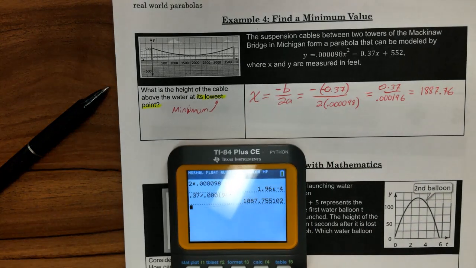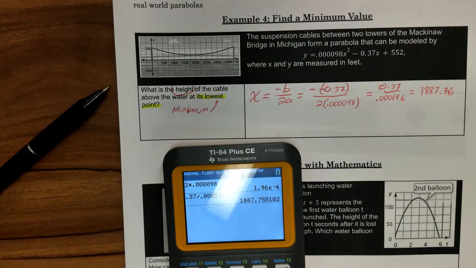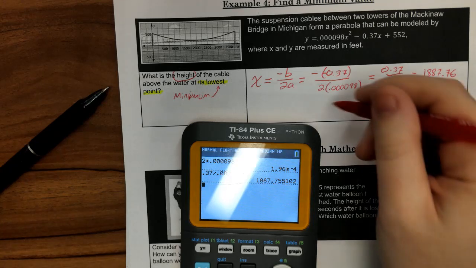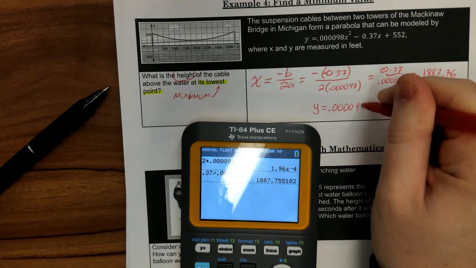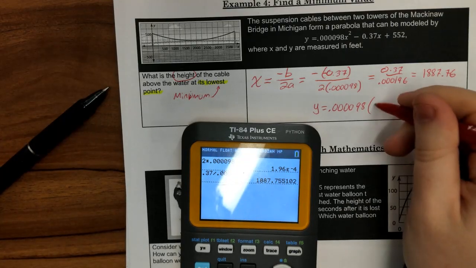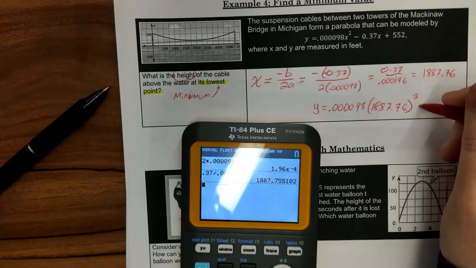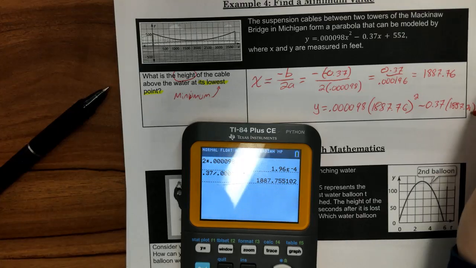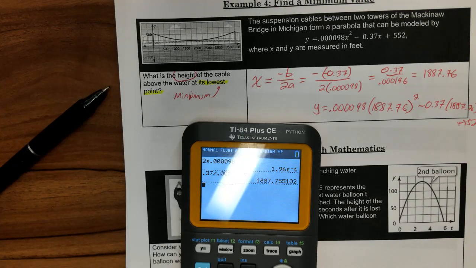This is the x value of our vertex. But we don't want the x value of our vertex. We want the height of the cable. So we just have to plug it into our equation once more. Our equation is y equals 0.000098 times x squared. So we'll plug in our x value here, minus 0.37 times, once again, our x value, and then we will add 552, and we'll see what we get.